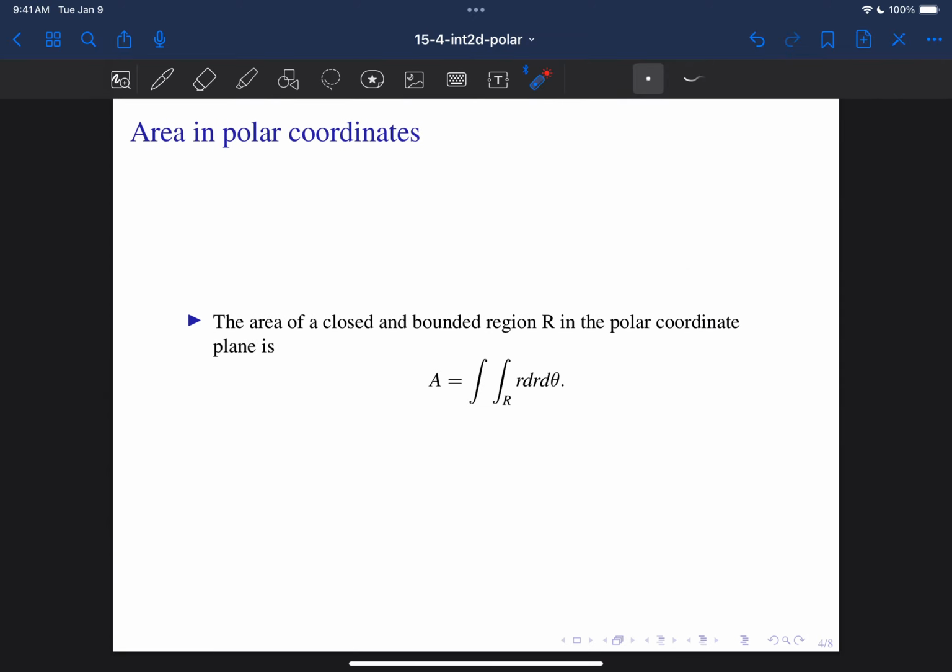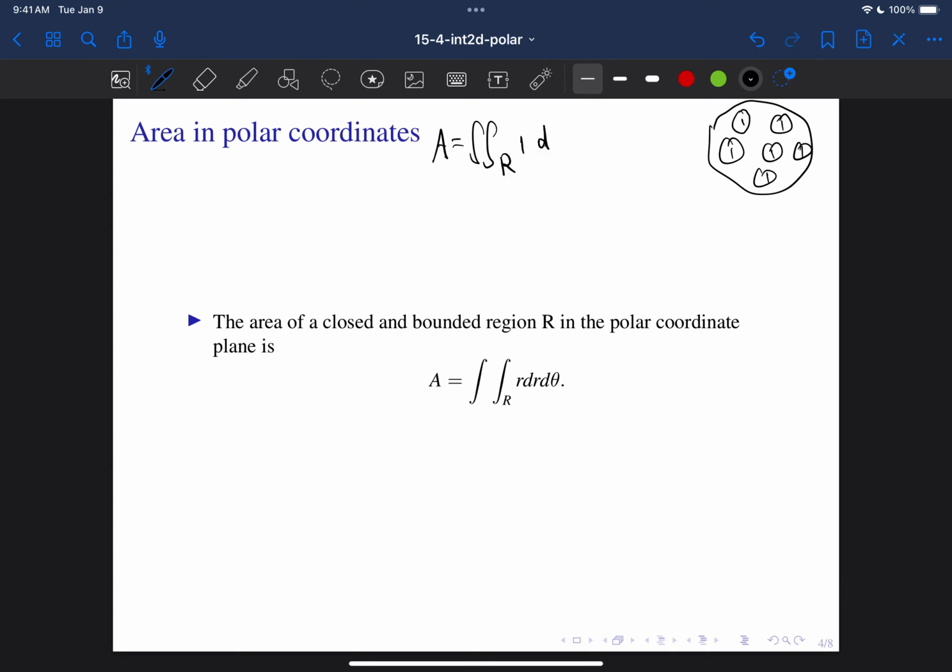One common problem in double integrals is finding the area of a given region. Suppose there's some given region, and you want to collect all those coins with face value 1, which is written as area equals the double integral of 1 dx dy.